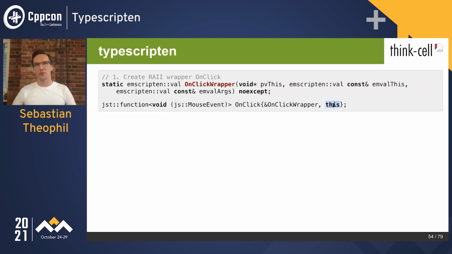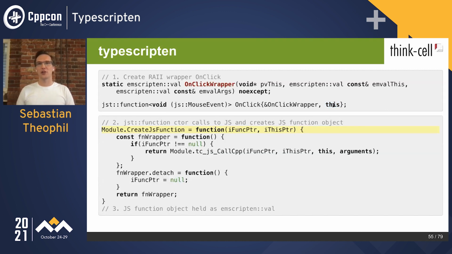And this function object will directly call into the JavaScript world. It will call a function we provide in JavaScript. And that function receives this static function pointer, and it receives the this pointer. It captures those two values and does nothing more but create a JavaScript function object that will also capture the function pointer and the this pointer.